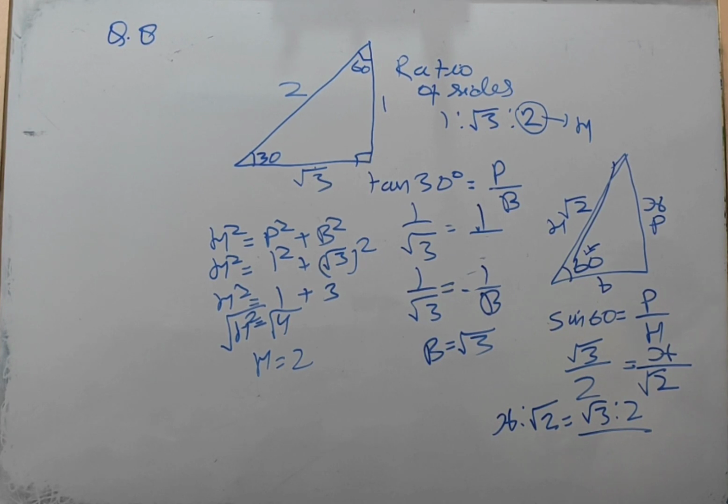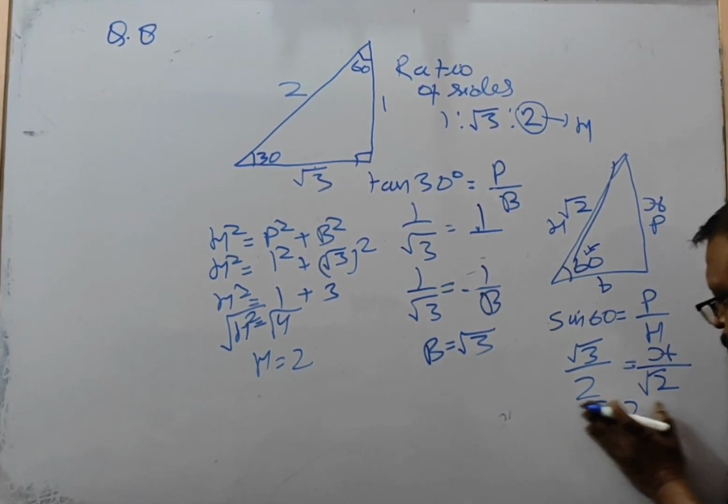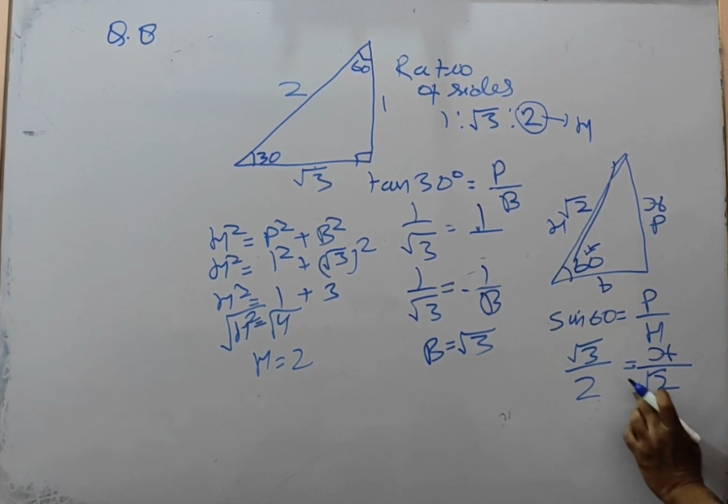You got that? So what is the answer? Root 6, okay, root 6 upon 2. So this is in your question. What I do is I just cross multiply these two.